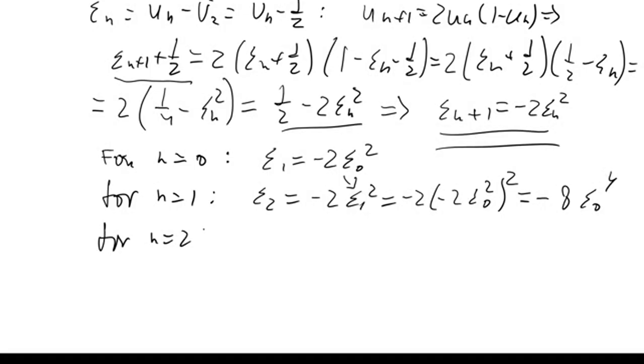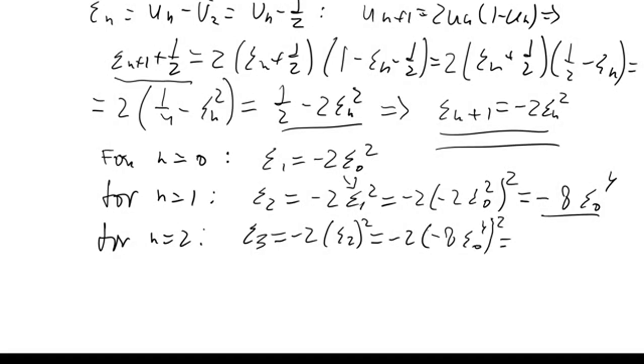For n equal to 2, we will have epsilon 3 equals minus 2 times epsilon 2 squared, which will be equal to minus 2 times minus 8 epsilon naught to the power of 4 squared, or this will be equal to minus 2 to the power of 7 epsilon naught to the power of 8.